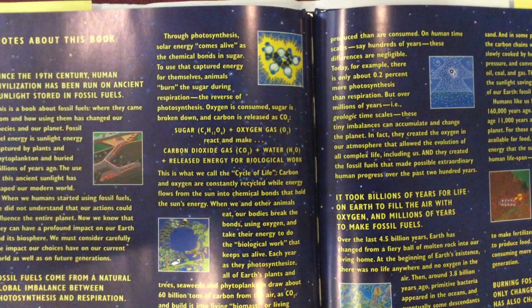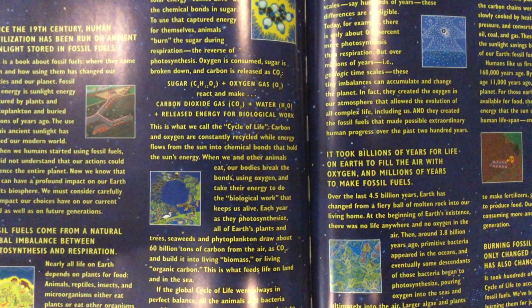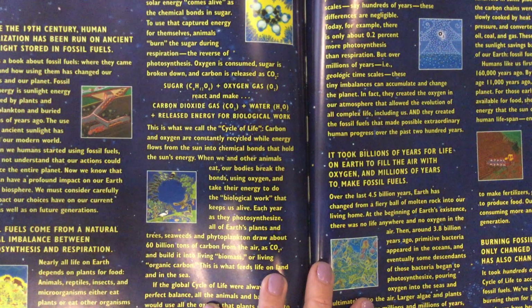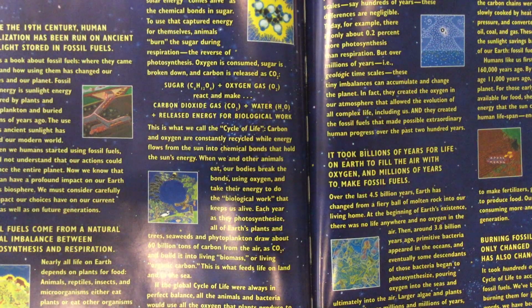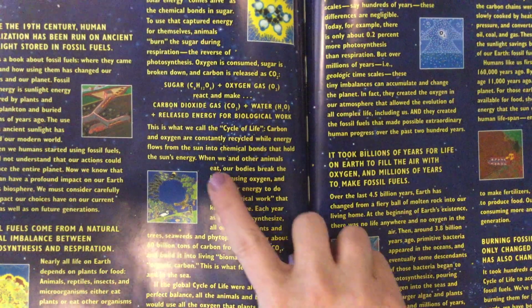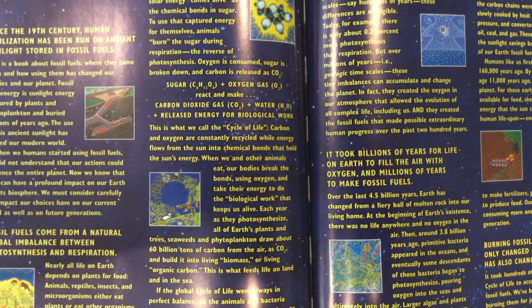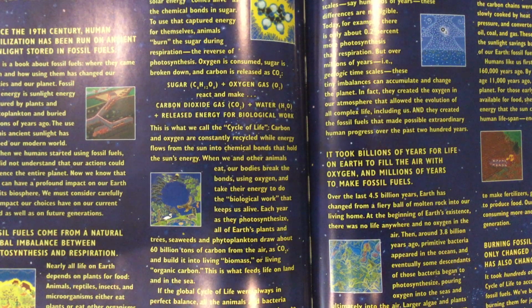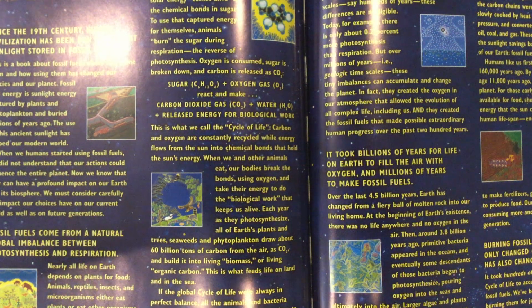This is what we call the cycle of life. Carbon and oxygen are constantly recycled, while energy flows from the sun into chemical bonds that hold the sun's energy. When we and other animals eat, our bodies break the bonds using oxygen and take their energy to do the biological work that keeps us alive.